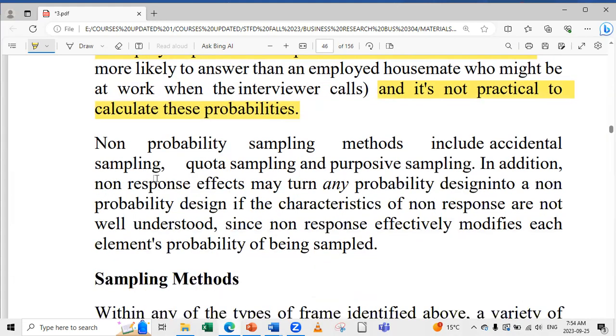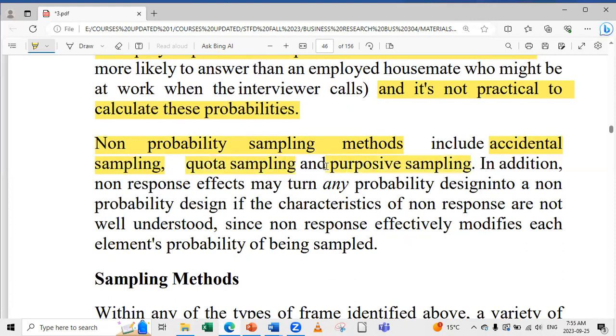Okay, what are the non-probability sampling methods? They include accidental sampling. Notice that we said it includes bias, B-I-A-S, and it also includes sampling error. Then quota sampling and purposive sampling.